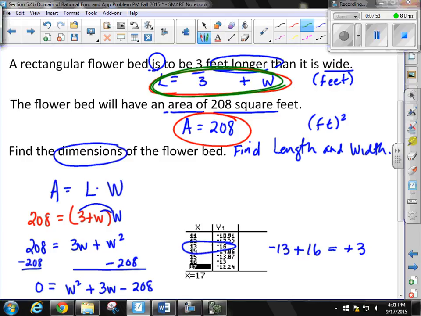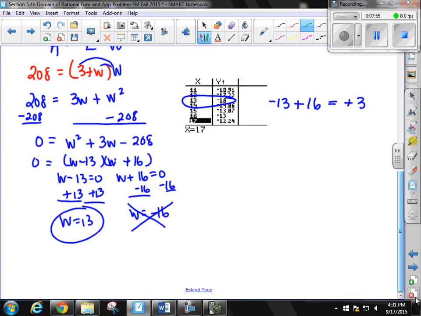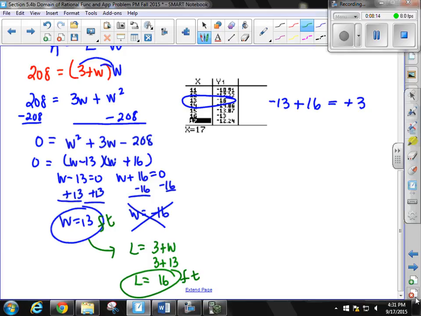So once I have found the width to be 13, then I can say length is 3 plus the width. 3 plus 13 tells me my length is 16. So I now have a width and a length. The units that we were using were feet, right? So we want to include our units here for length and width. And that concludes this video.